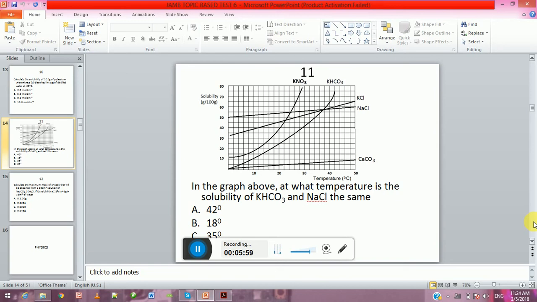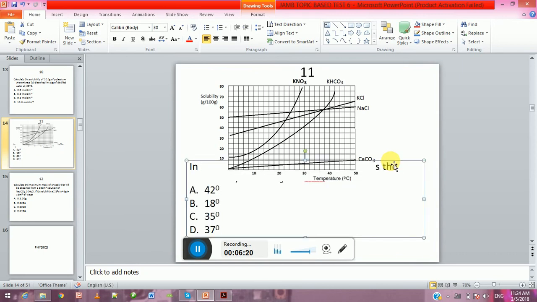Is it at 42 degrees Celsius, or at 18 degrees Celsius, or at 35 degrees Celsius? So at what temperature? The last option is 37 degrees Celsius. D.